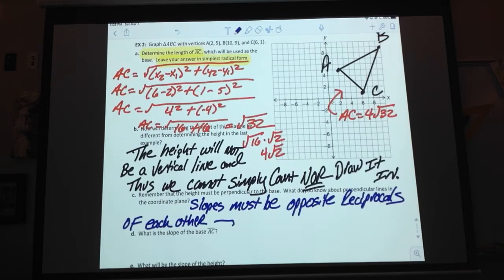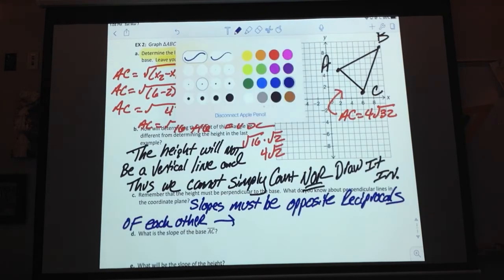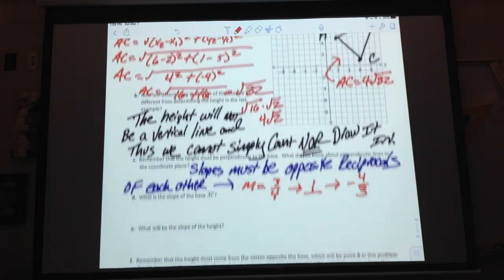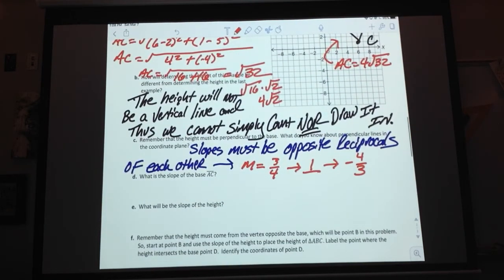And remember, what that means is this, is that if I have something with a slope of 3 over 4, in order for it to be perpendicular to another line, the slope of the other line has to be a negative 4 over 3. That's what opposite reciprocals mean. Okay? That if I have one slope at 3/4, the line that's going to be perpendicular to it has to have a slope of negative 4 over 3.